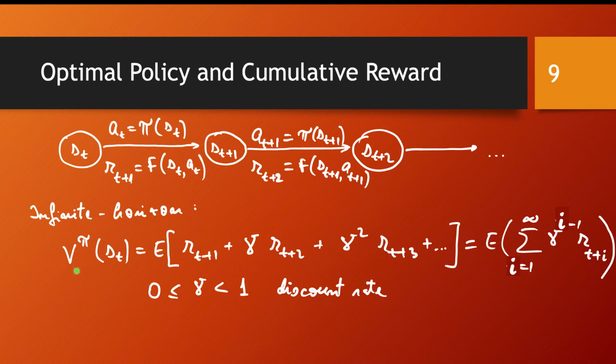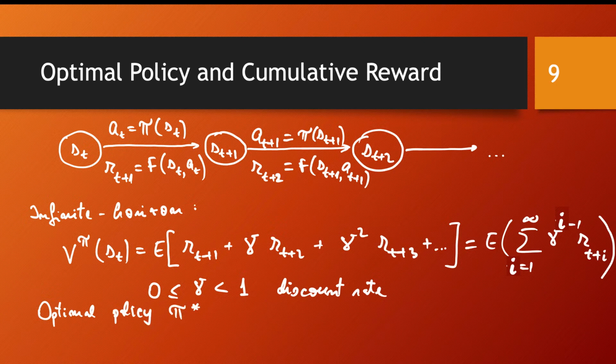So for each policy pi, there is this value of the state s_t if we were to follow policy pi. What we want in this context is to find the optimal policy, which I'm going to denote by pi star.